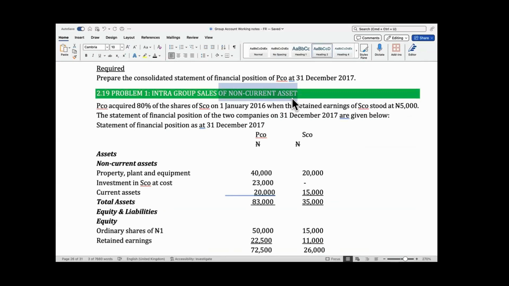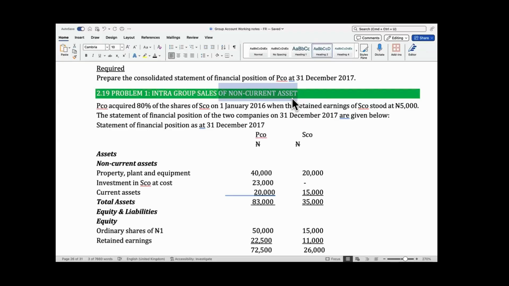The thing now is that the guy that bought the asset bought it at a profit loading, and as far as the group is concerned, that profit is unrealized. It is an intra-group profit that should be cancelled out.